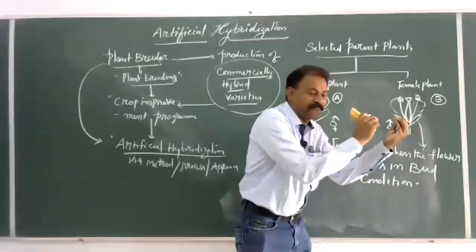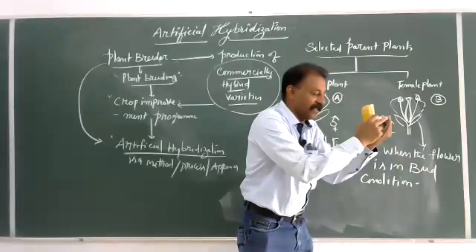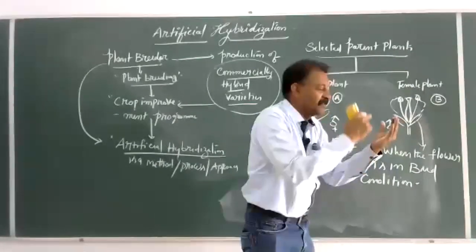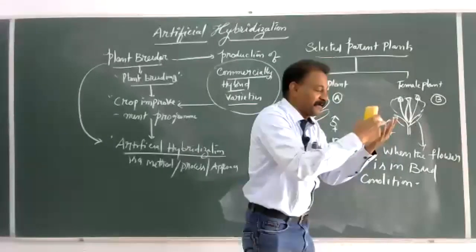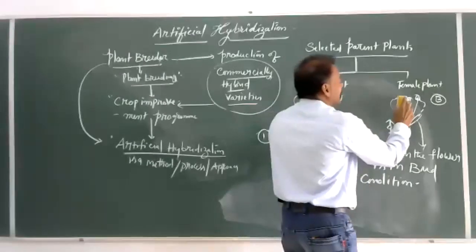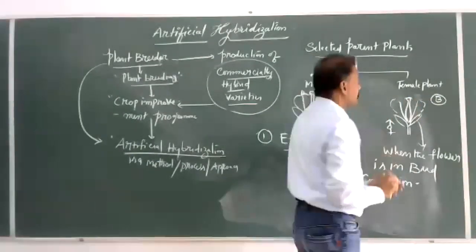with the help of forceps, open the petals slowly. When the flower is in bud condition, open the petals slowly and with the help of forceps, remove the anthers from the stamens.